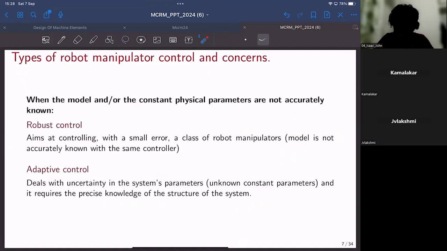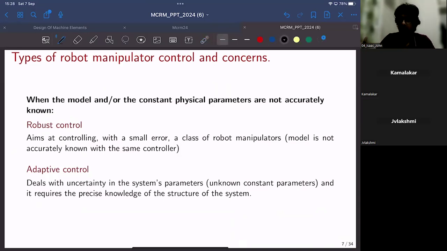Then there is another type of classification, where robot control systems are classified as either robust control or adaptive control. We use a robust controller where we know the robot's model accurately, and we also know the bounds or range of disturbances the robot can have.